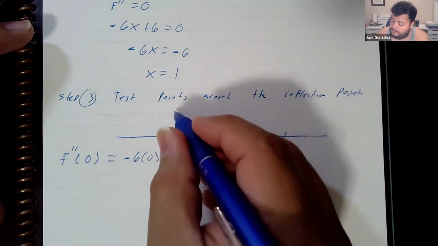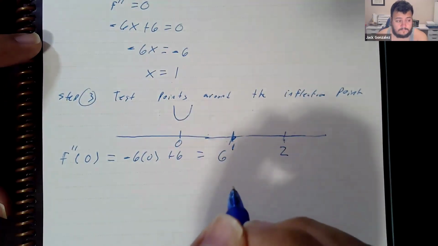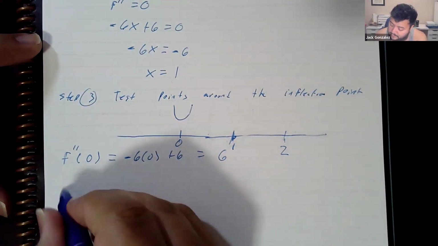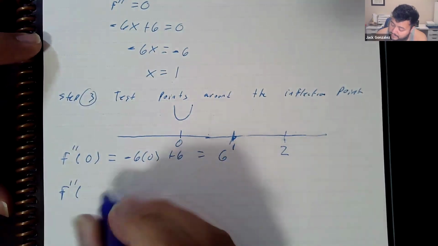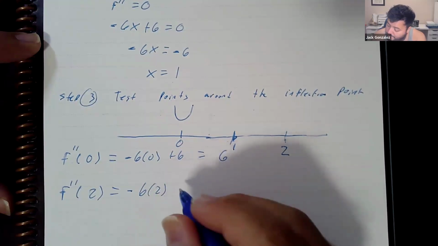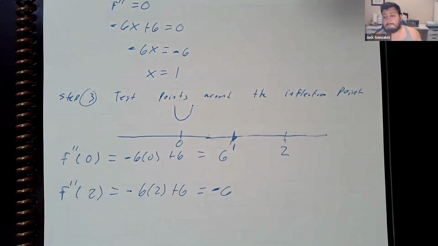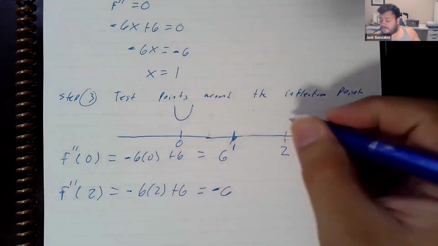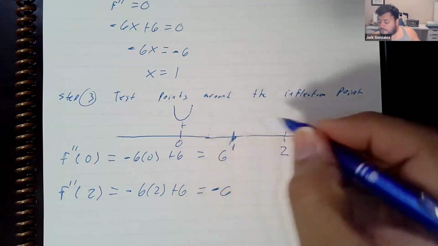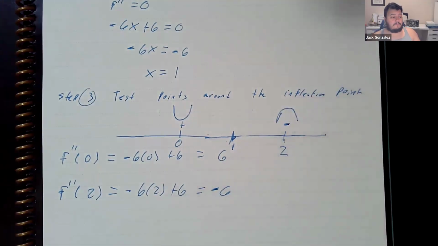So we found this point to be positive, therefore it opens up. The second derivative is most likely negative at 2. So negative 6 times 2 plus 6 is negative 12 plus 6, negative 6, right? Negative, concave down.